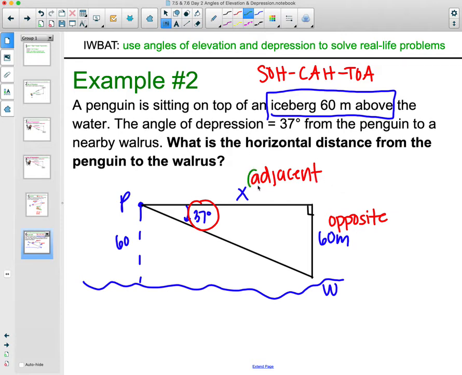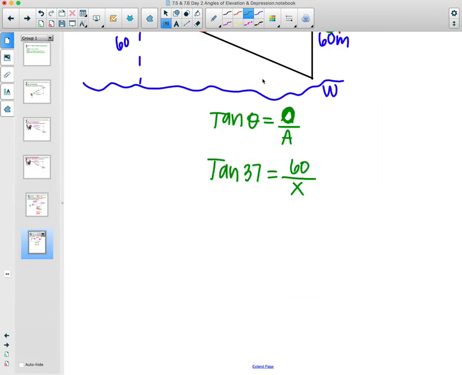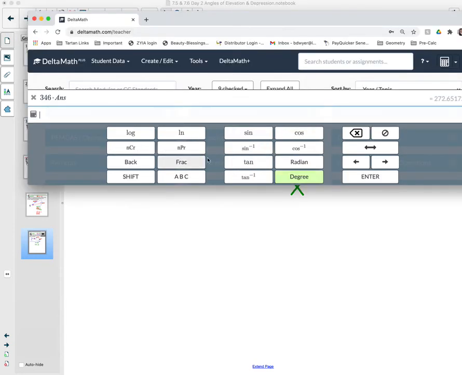So we are looking for the A and the O. So we'll go through here and look for an A and an O and find out that that is in TOA, which is the tangent function. So we'll do tangent of the angle equals the opposite over the adjacent. So tangent of the 37 degree angle equals the opposite side, which is 60, over the adjacent side, which is X.